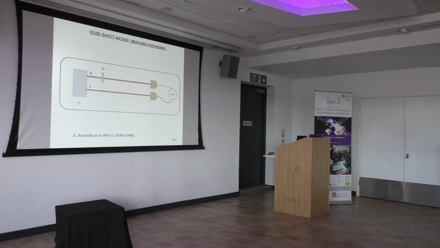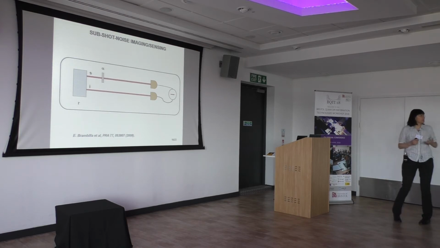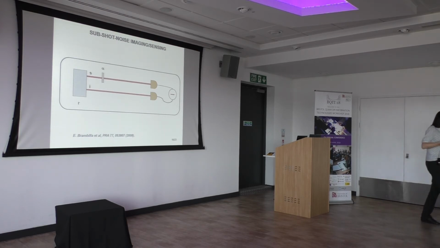So there is an old idea, relatively old, 10 years ago, of subshot noise imaging. If the object to be imaged, or whose absorption we want to measure, or some spectral line that we want to sense, is placed into one of the twin beams.